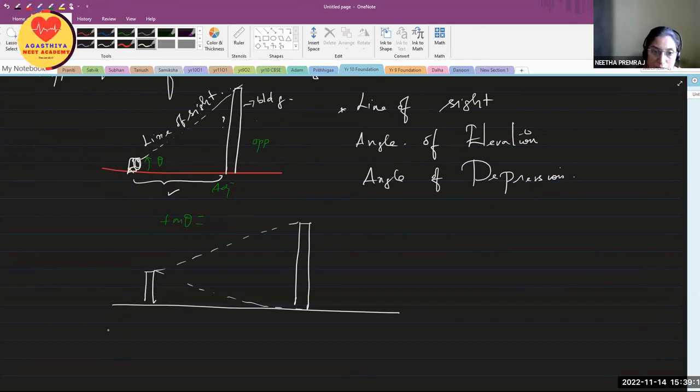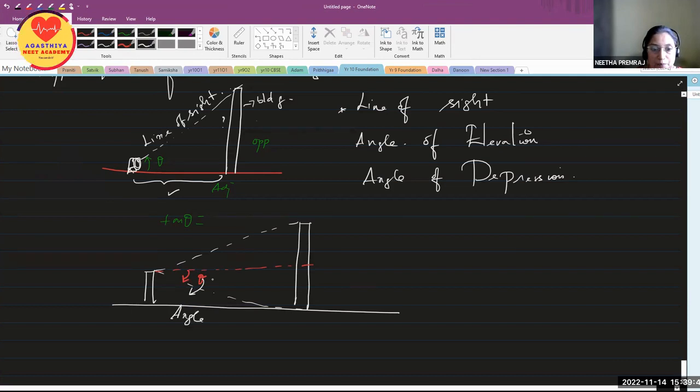So here he looks down, isn't it? One thing you should know: you always measure the angle from the horizontal. So now the angle is rotated to measure downward. This angle is called angle of depression.